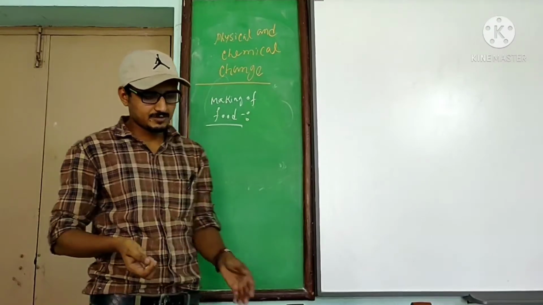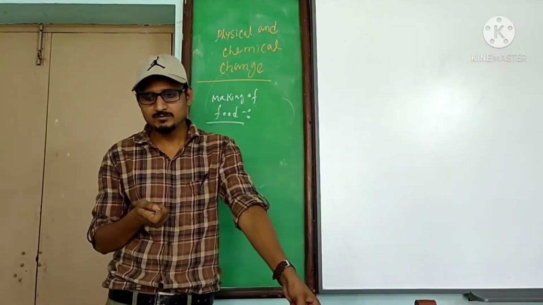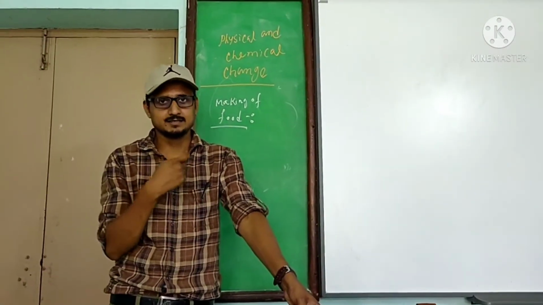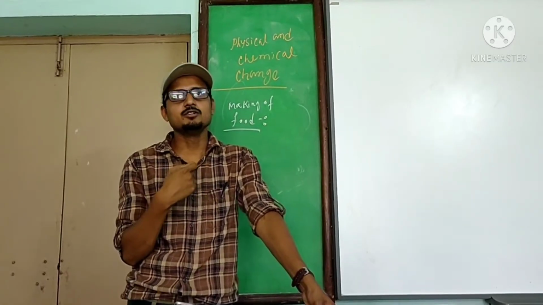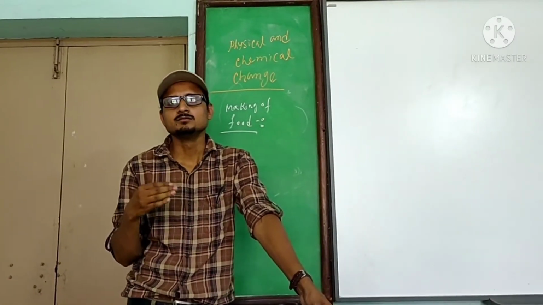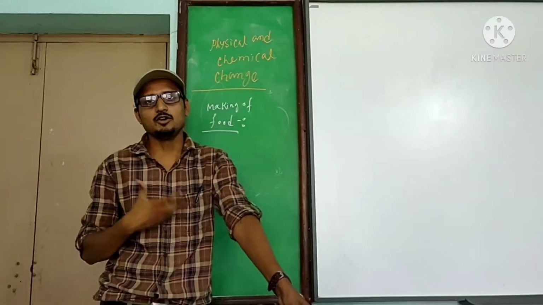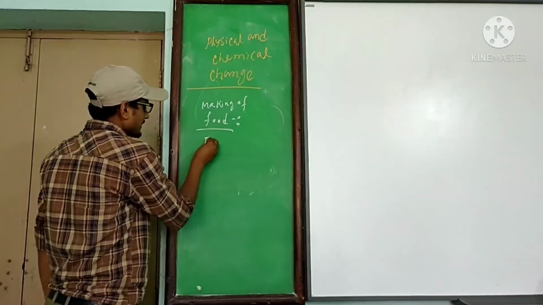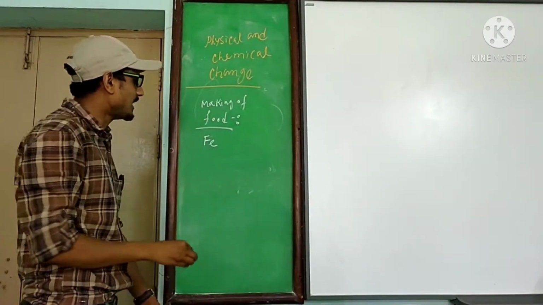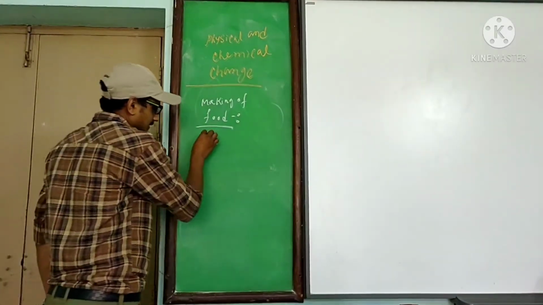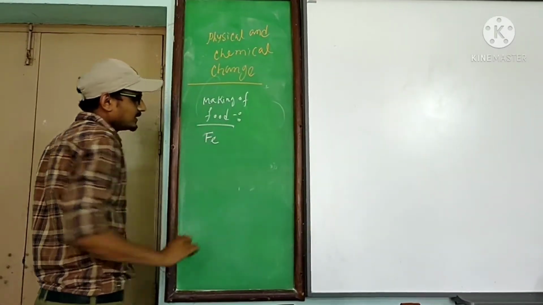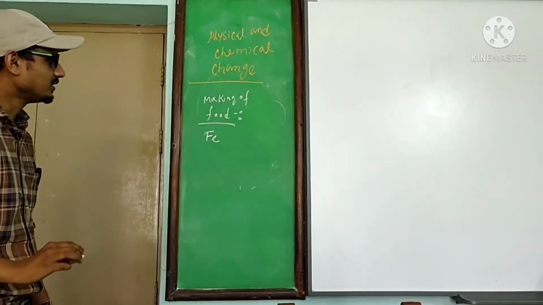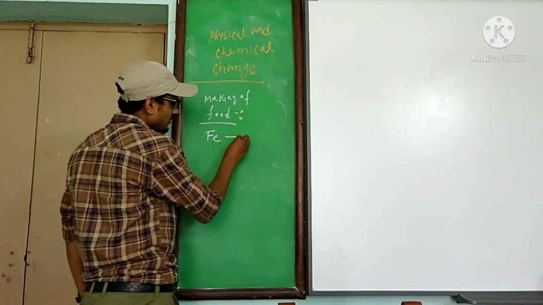Now if you take some metals, and when those react with moisture and oxygen, say iron, I am taking iron. When you keep iron in the air for some days, then what you will see, rust will form on iron.